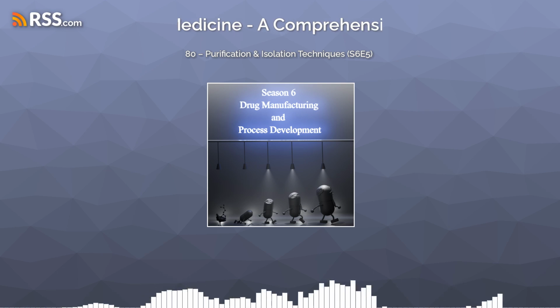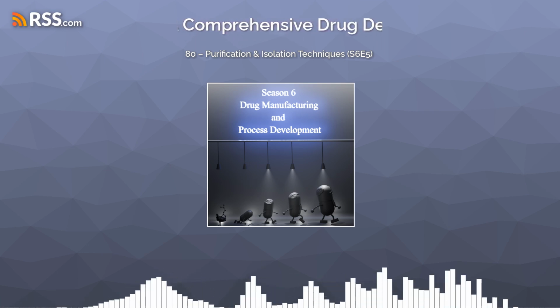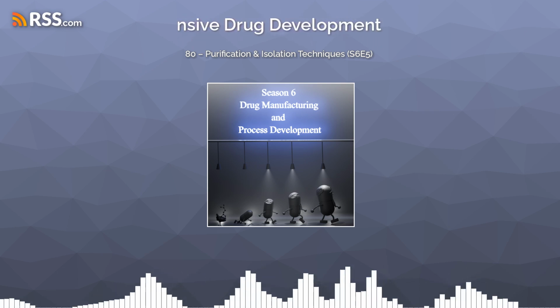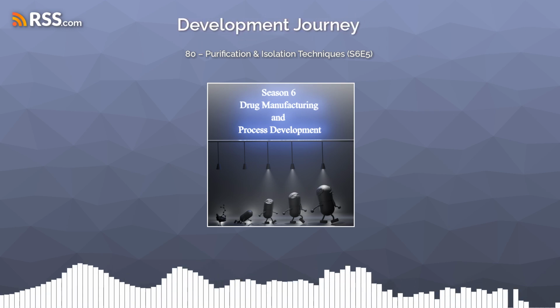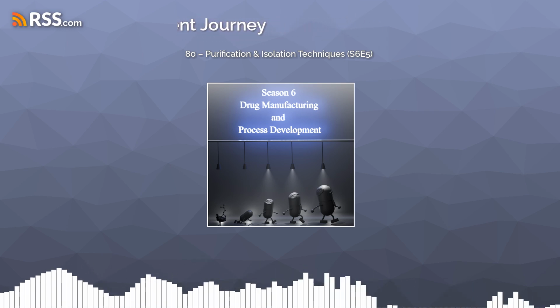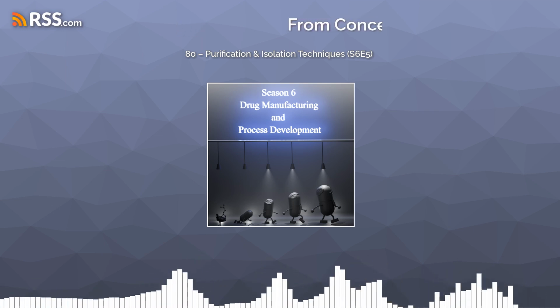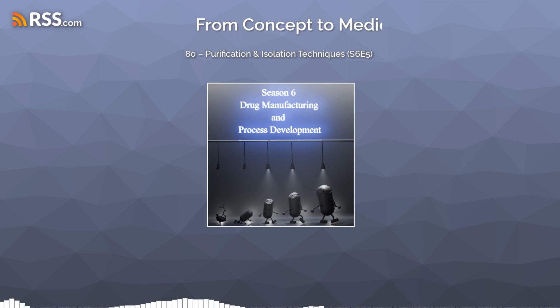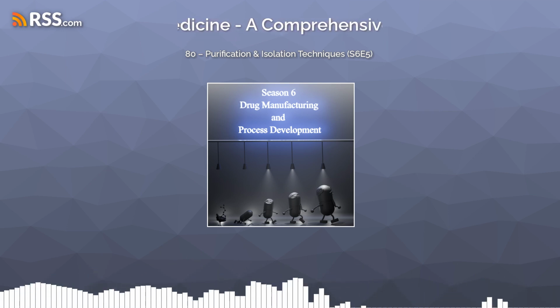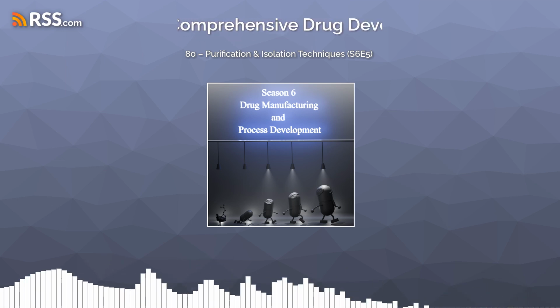Even tiny amounts of these unwanted substances could cause unexpected side effects or stop the drug from working properly. So it's kind of like making sure there are no unwelcome guests crashing the party in your body. Exactly. You want the drug to be the star of the show and no one else messing with its performance. Makes sense. So it's all about maximizing effectiveness and minimizing any potential risks.